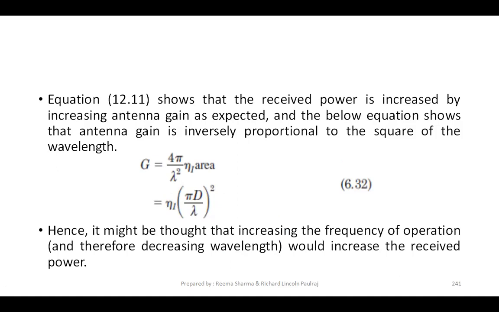When you have an input, these signals are amplified, and if the output is greater than your input, that becomes your profit in terms of signals, and that is termed gain. Gain is inversely proportional to the wavelength, so as the wavelength decreases, gain increases. Hence, it might be thought that increasing the frequency of operation and therefore decreasing the wavelength would increase the received power, because gain is increasing and gain and power are directly proportional.